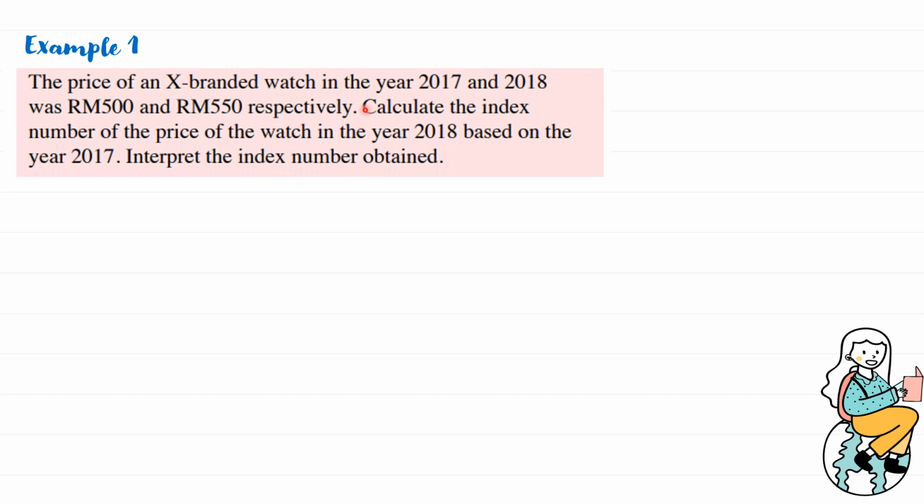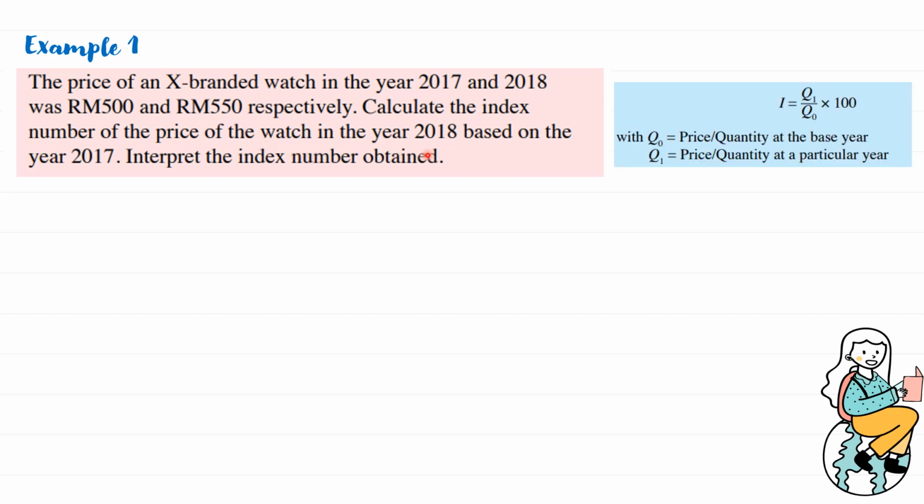So here the price for the X branded watch for 2017 is 500, while for 2018 is 550. Okay, so what is the formula for index number? This is the formula given previously: I equals Q1 over Q0 times 100.